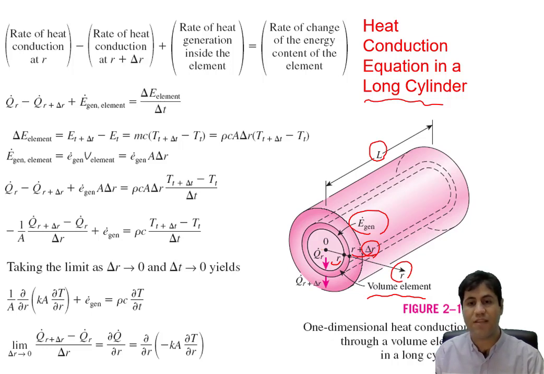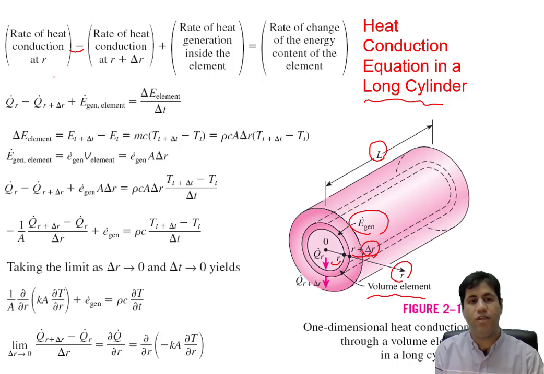From this surface at R plus delta R, the energy is going out from our element, so it is negative rate of heat conduction at R plus delta R. We have heat generation inside our element. We assume we have. It is positive because it will create heat or thermal energy inside our element.